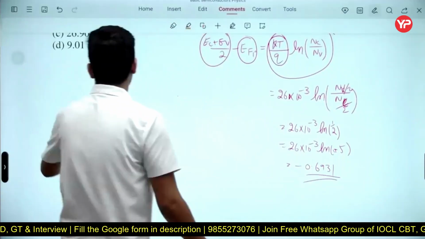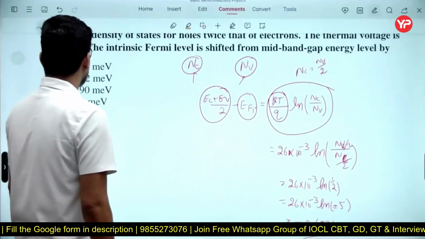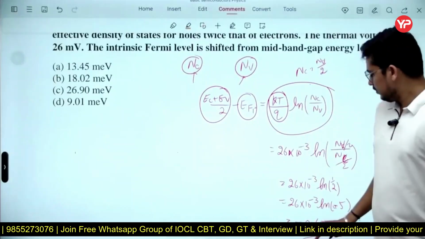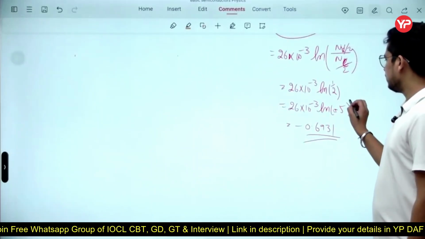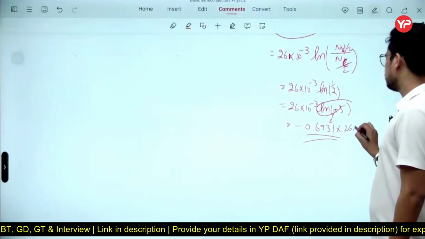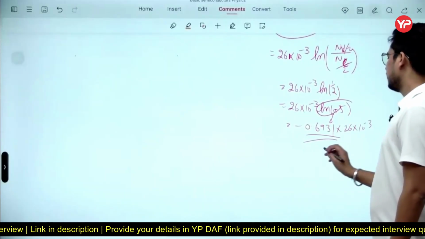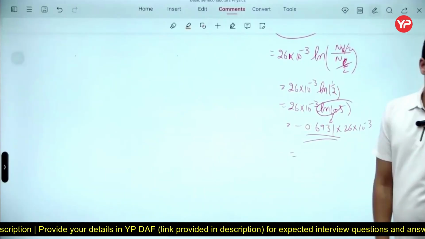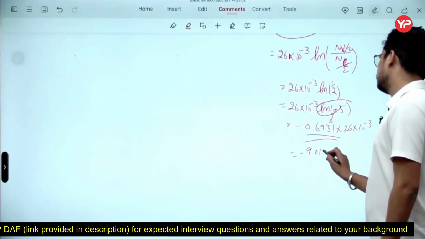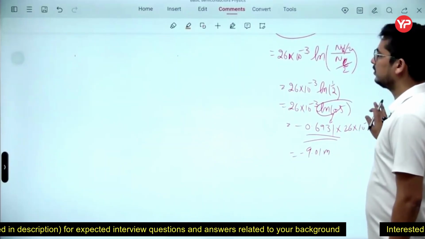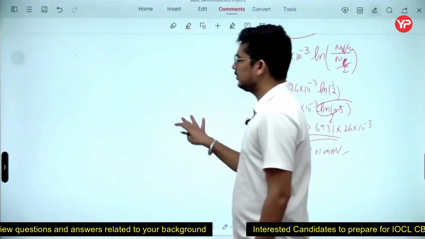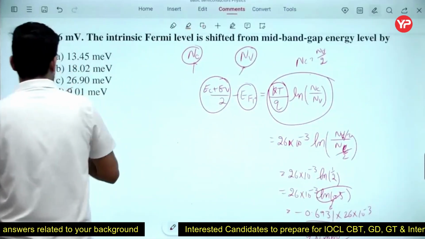Then 26 into 0.693 will give you minus 9.01, in milli electron volts. That will be the shift, about 0.91. The answer is D.